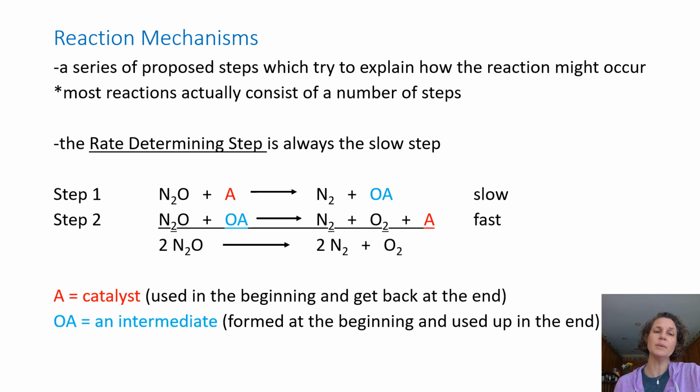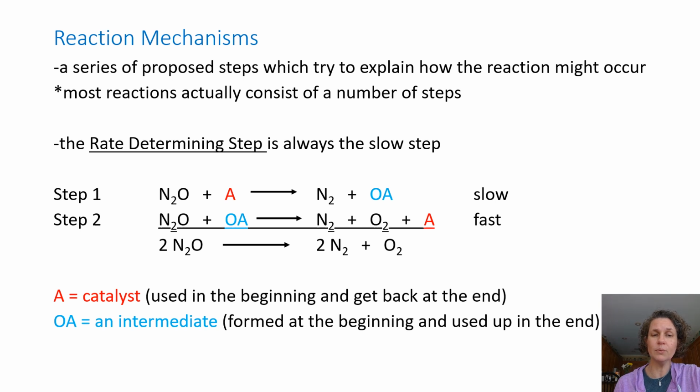Also, in reaction mechanisms, there are two things that I want you to be aware of. First of all, in some of these, there will be a catalyst. We've talked about catalysts before, and they are substances that are put into a reaction in order to speed it up. They're the detour. They do not become part of the final product, just as they are not listed as part of the initial reactants.